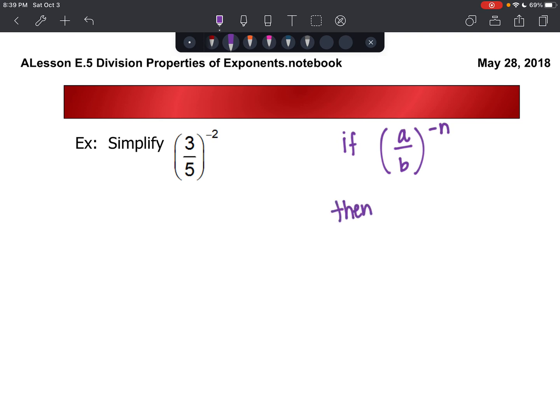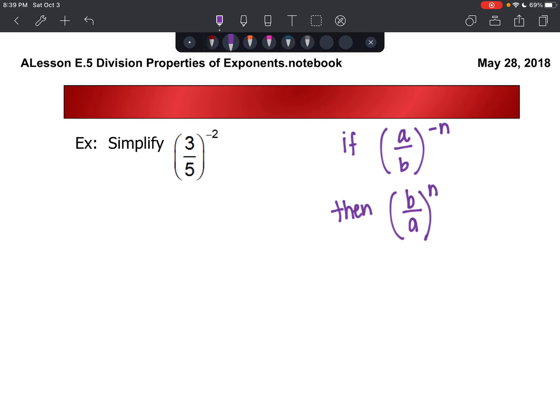If I want to make that outside power positive, I flip my fraction, meaning I take the reciprocal and make the outside power positive. Nothing else changes except the outside power.